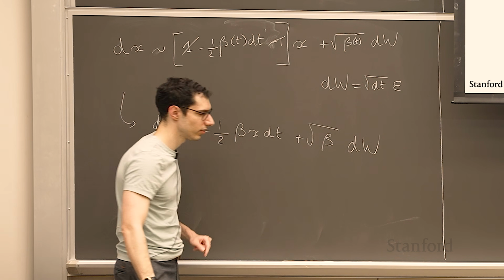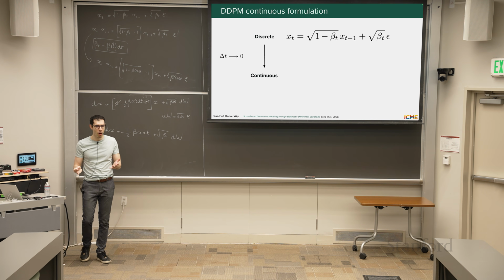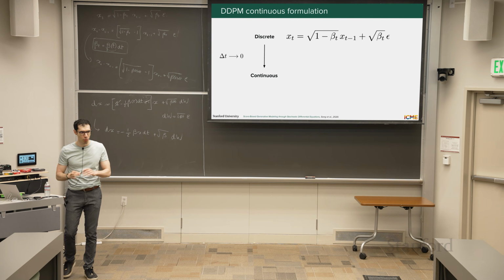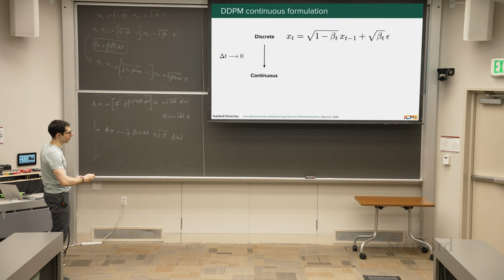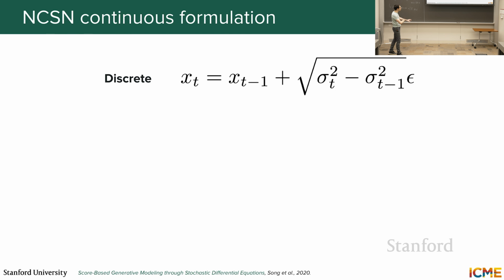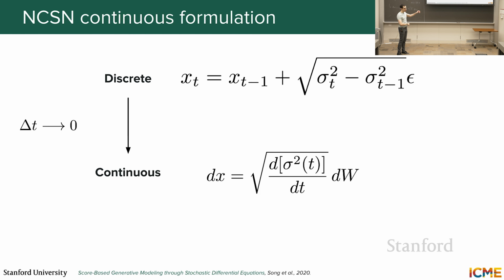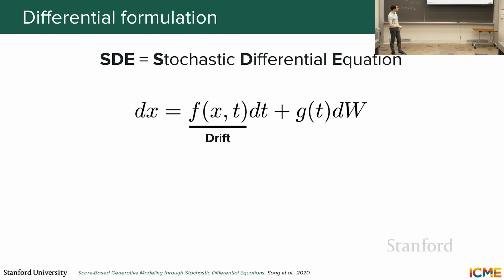Now you may be wondering, why am I writing all these equations? Why are we doing this? Well, you're going to see that when we rewrite this, for instance, for DDPM and then for NCSN, what we realize is that we have an expression of dx equal to something times dt plus something times dw.